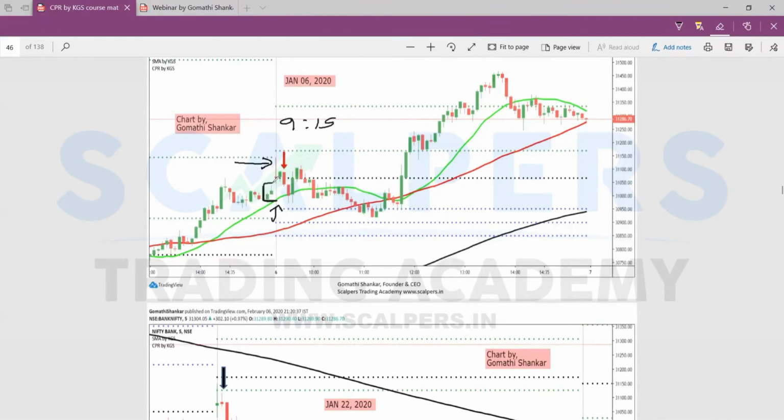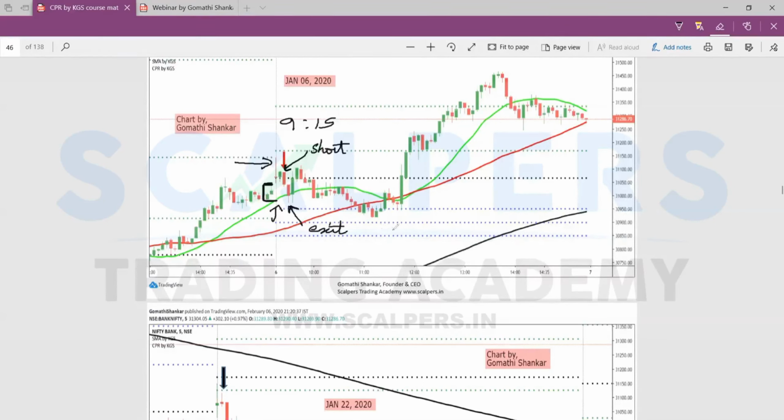Now when you see a very good red candle, you can go for a short. As I told earlier, this is a small scalping. As soon as the 20 SMA is touched, immediately you should exit.